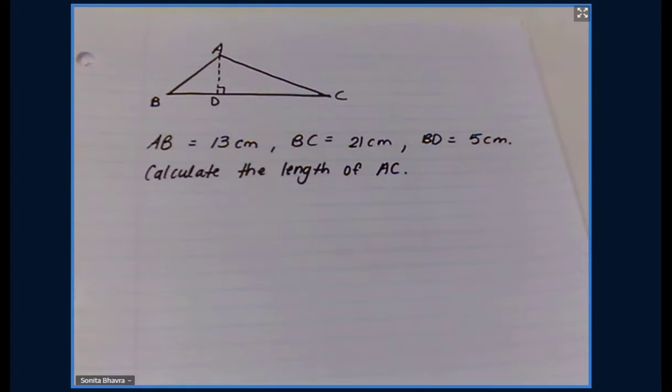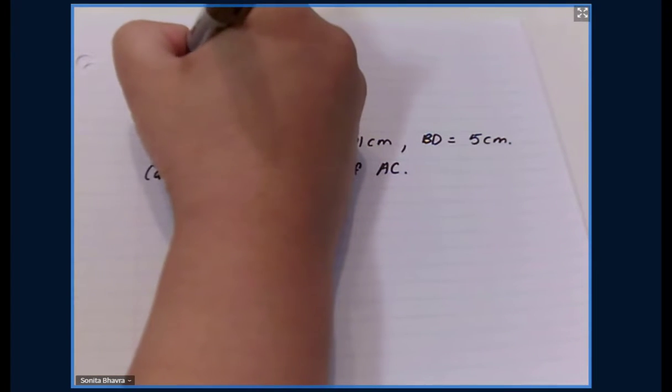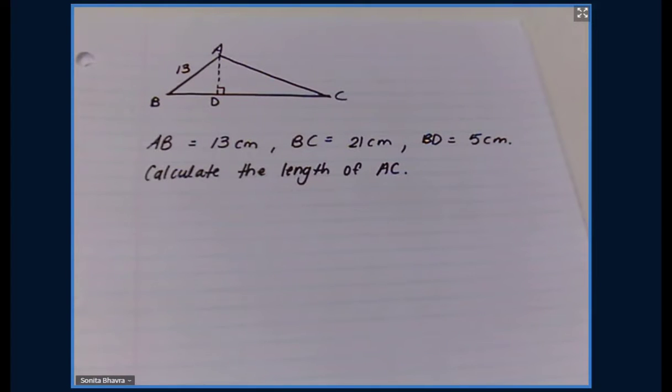All right, so in this next question, we are given a diagram of a triangle, and we are given the following measurements. So A to B is equal to 13 centimeters. So I'm just going to put that in here. That is 13 centimeters. B to C is 21 centimeters.